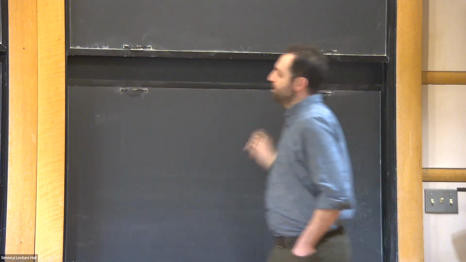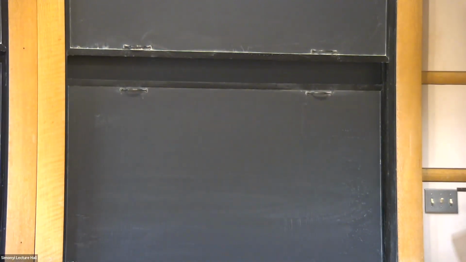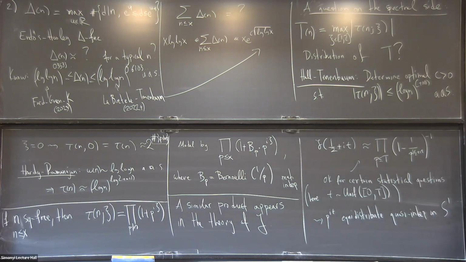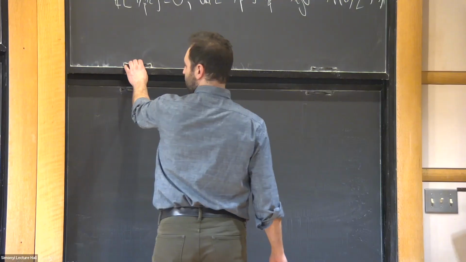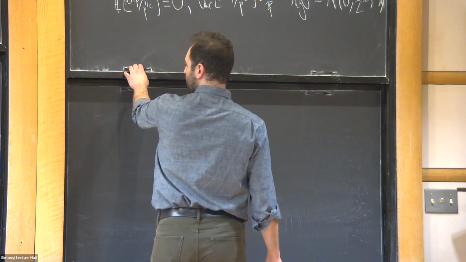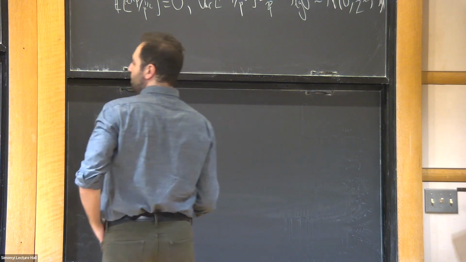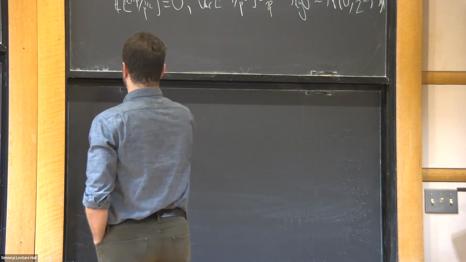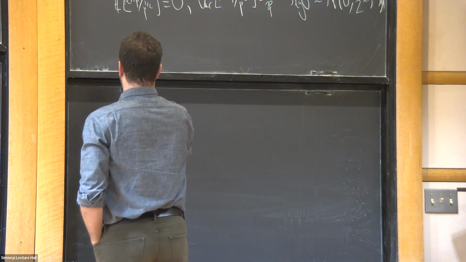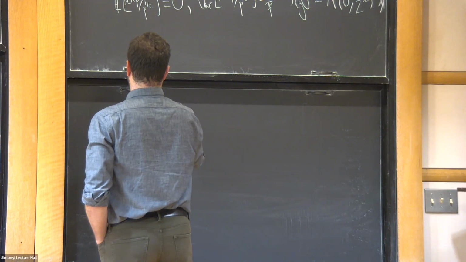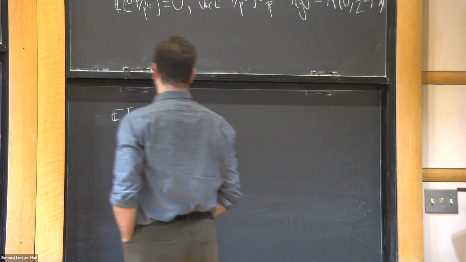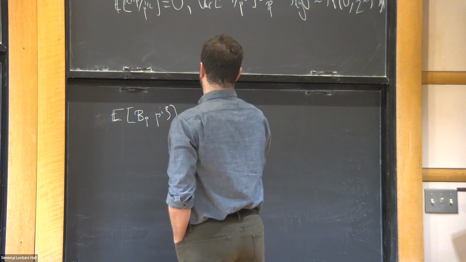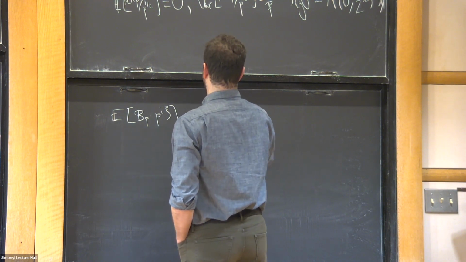And if I do a similar computation for this random model, then I look at these factors, and the expectation of this is 1 over p to the 1 minus it.